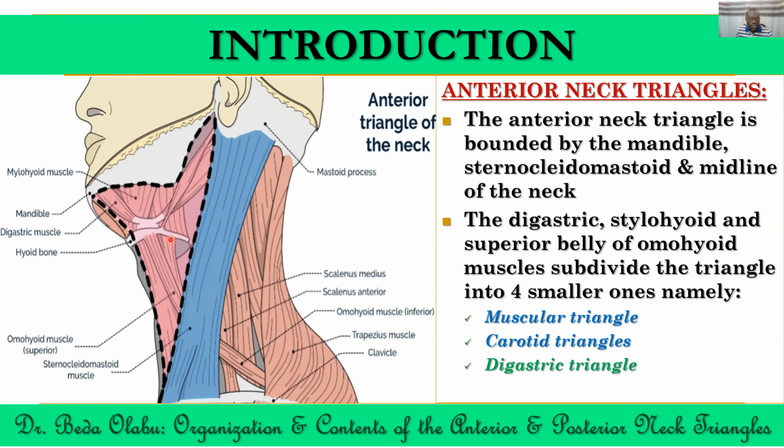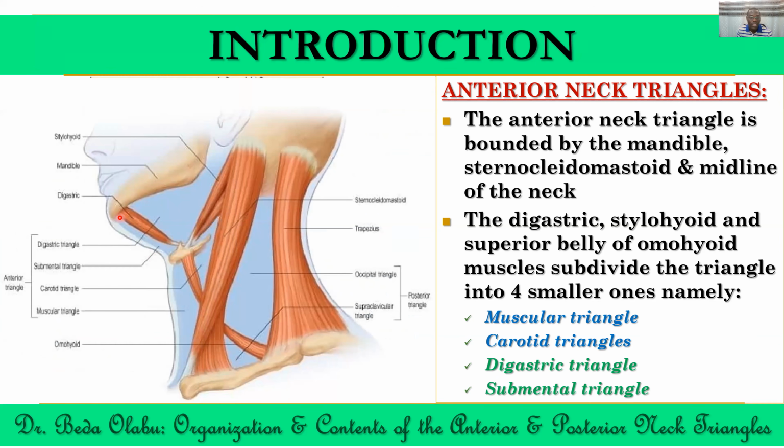We have this triangle here being the digastric triangle, and the triangle here being the submental triangle. And those two in green are the ones which we're going to focus on in this particular lecture as part of the suprahyoid neck triangles. This is just another diagram to show you the 4 subtriangles of the anterior neck triangle.